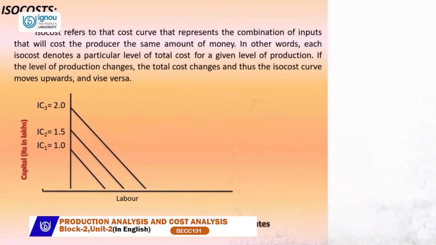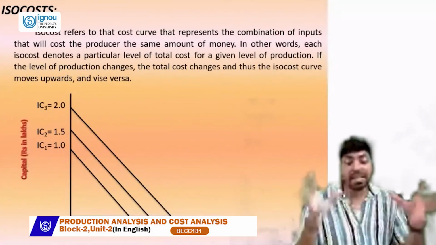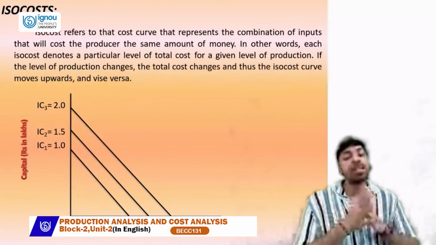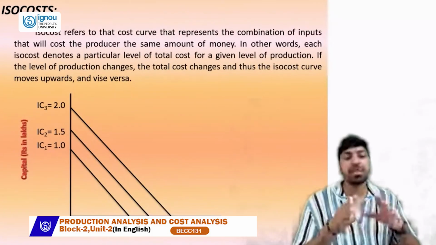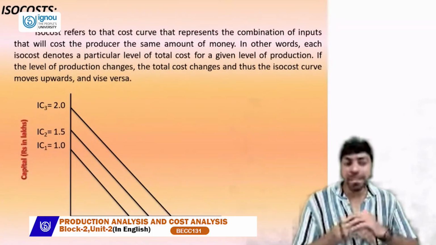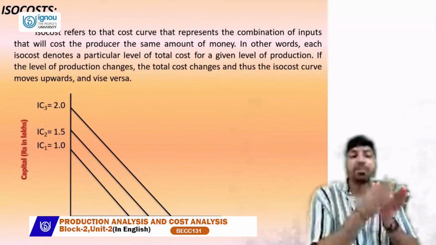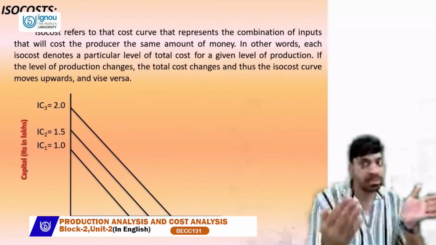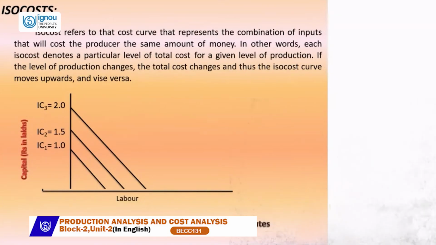The next concept is isocost. What is isocost? Isocosts are the costs. If there is any change in the level of production, the isoquant curve will move upwards or vice versa. This is one of the isoquant curves, where if the level of production increases, the isoquant moves upwards to IC1.